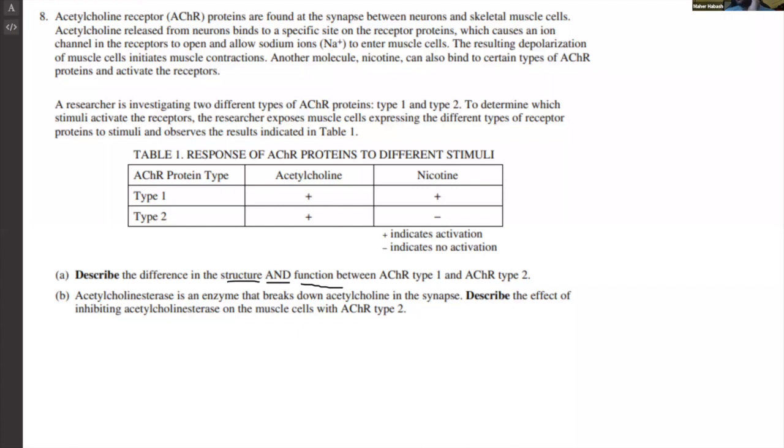And they bind to different things. But for function, you kind of have partial credit, but they're not going to give you full points. How do their functions differ? Or what is the relation of their functions?